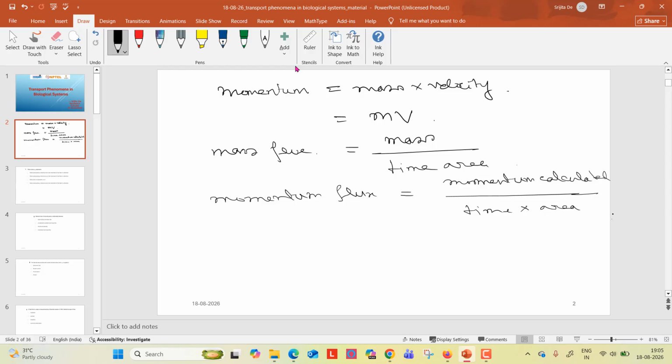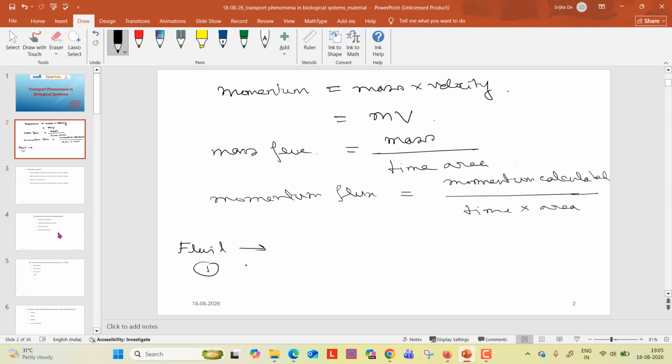So what is fluid? You know that there are three states of matter: solid, liquid, and gas. So fluid can be either liquid or gas. For the fluid, we take two basic assumptions.